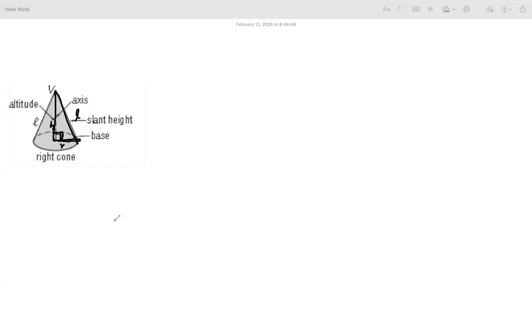The height and the slant height make a right triangle. Yep. So the slant height squared will be equal to h squared plus r squared. Anytime you're not provided with one, you need to use the Pythagorean theorem to find the other. That's quite important because they don't always give you one; they will give you the other, and you will have to calculate using the Pythagorean theorem.